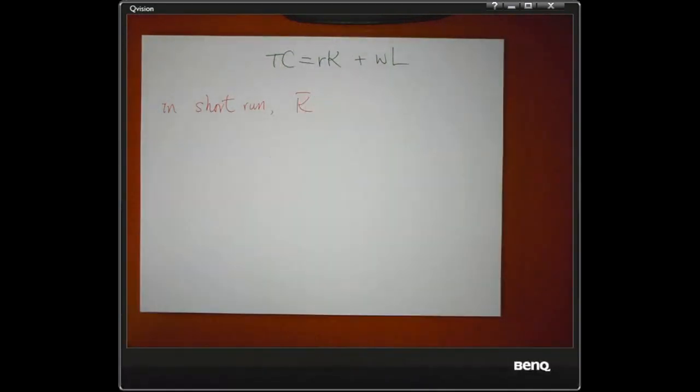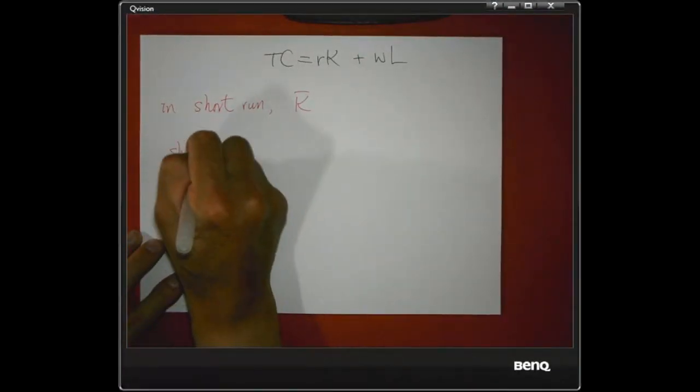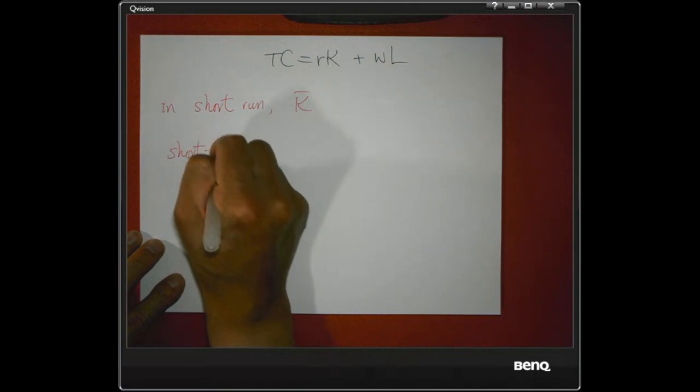In the short run, capital is fixed, and therefore the short run total cost.